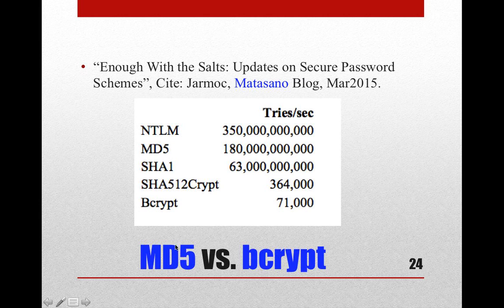The interesting thing is that the more efficient we make this for a server to check or a computer to check a hash against the password, we also make it easier for attackers to also do the hashing and try to match those.